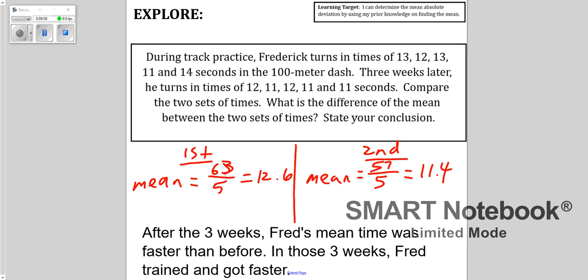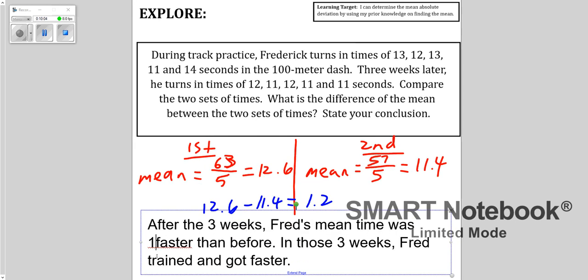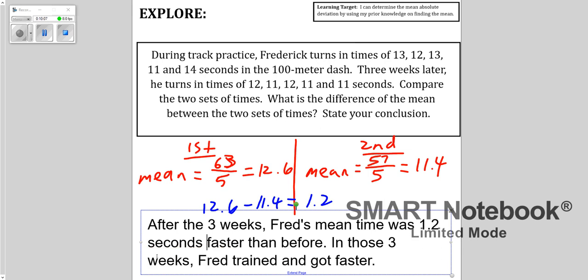So I need to do 12.6 minus 11.4 to get 1.2. So I can say that Fred's mean time was faster, but let's be specific, it was 1.2 seconds faster than before. Okay, now I've answered the question. But see, even I do it when I go too fast. Always go back, make sure you've answered the question.